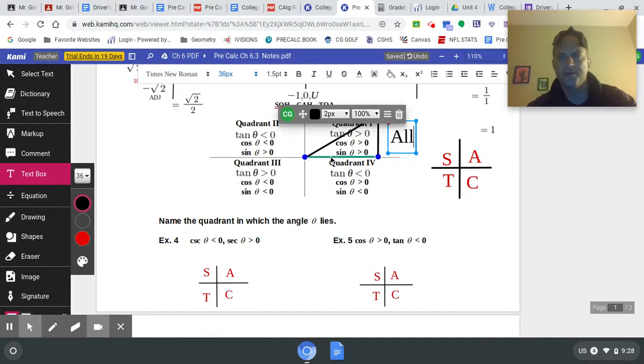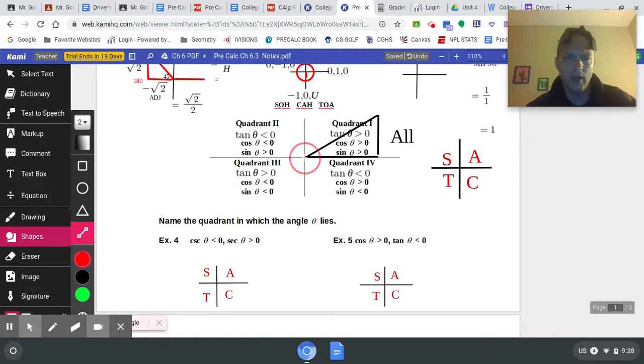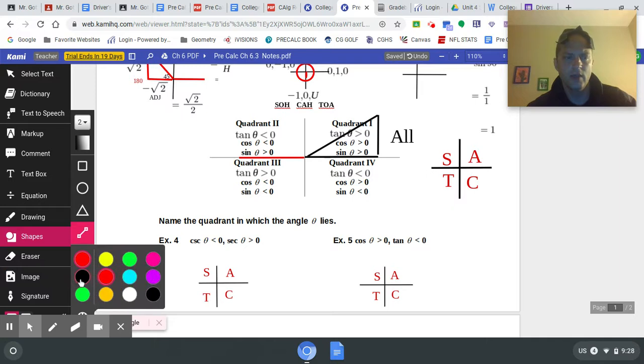Well, then when I go into quadrant 2 and I draw my adjacent leg over, that's going left. That is now a negative value. So the adjacent leg is negative. Well, then when I draw up, that's positive.